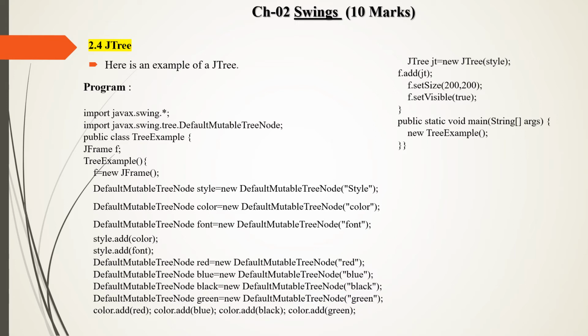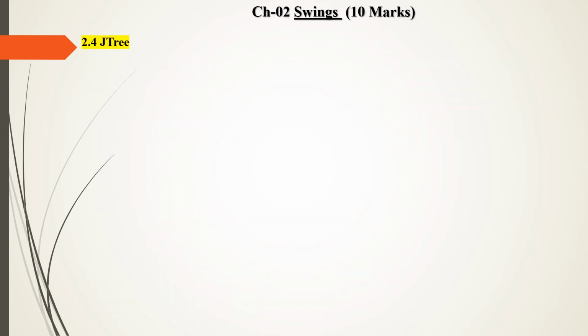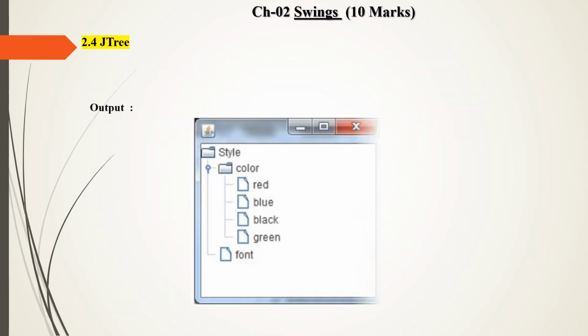So this is a simple example. In this example we create one root node, that is style. Then color and font are the subnodes of style, and red, blue, black, green are the subnodes of color. So the output of the program is displayed like this.